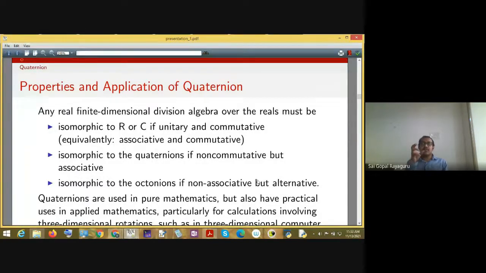Here is a term I have written: octonions are non-associative but alternative. Alternative is a property like associativity but not exactly associativity.